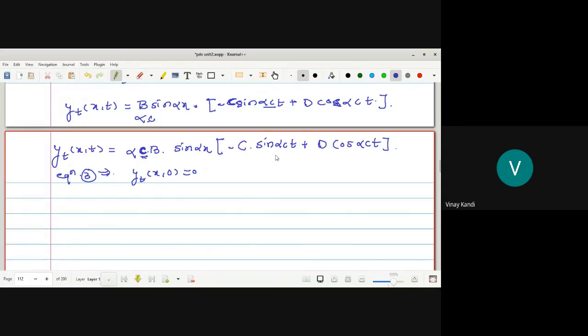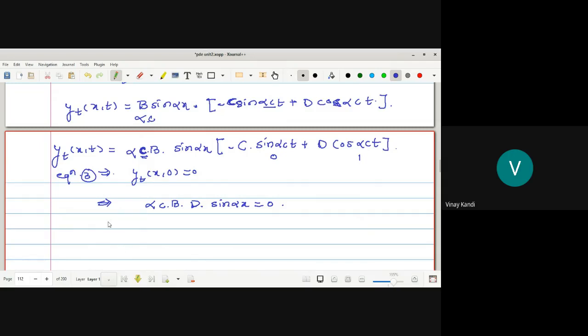So what will this come? sin 0 is 0, cos 0 is 1. This implies alpha c D, this D into 1, sin alpha x is equal to 0.